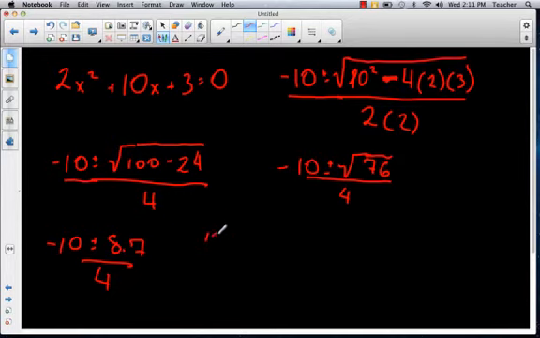So we do the negative 10 plus 8.7 over 4. And we do the negative 10 minus 8.7 over 4. Now, this is only going to give us one answer, which negative 10 plus 8.7 equals negative 1.3. So on my calculator, I'm just going to go straight ahead and divide that by 4.